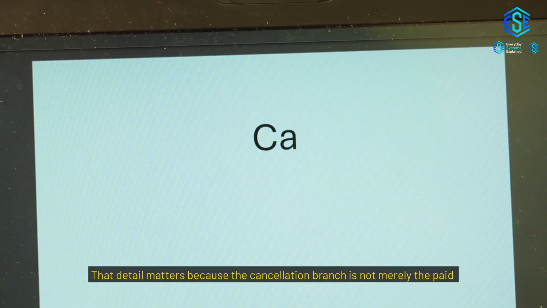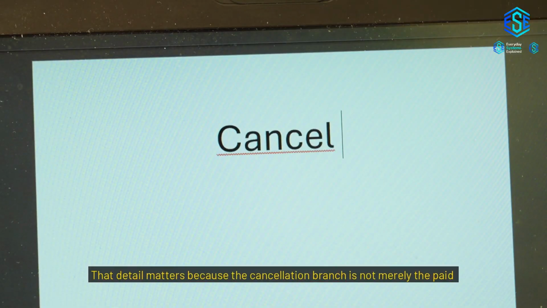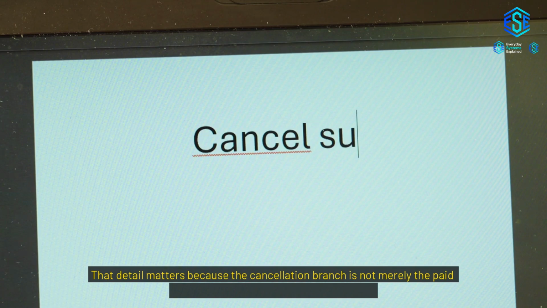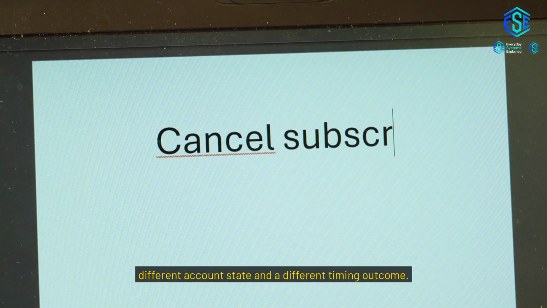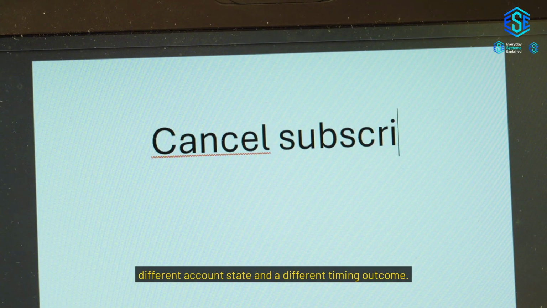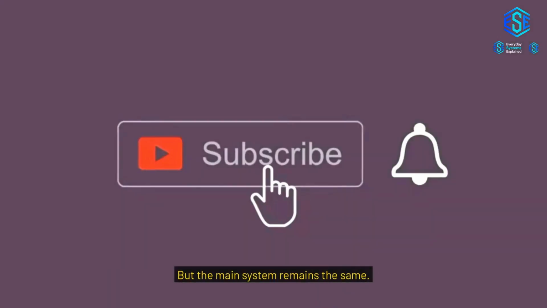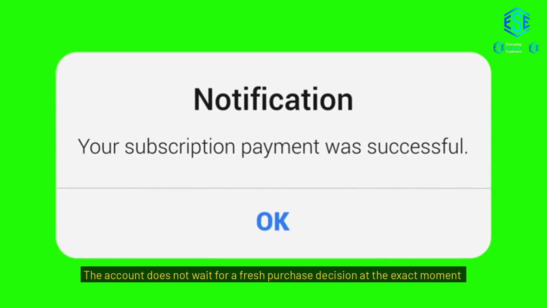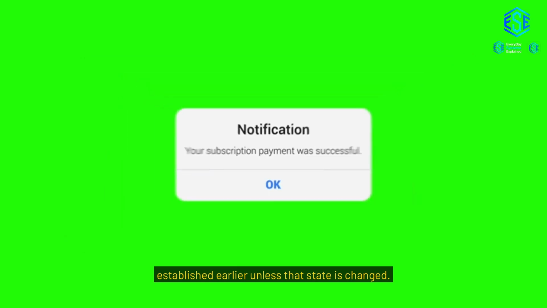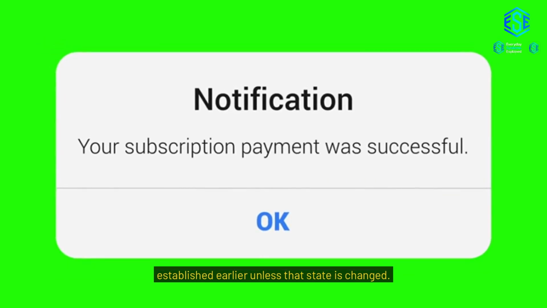That detail matters because the cancellation branch is not merely the paid branch without a charge. It can produce a different account state and a different timing outcome. But the main system remains the same. The account does not wait for a fresh purchase decision at the exact moment the trial ends. It follows the state established earlier unless that state is changed.